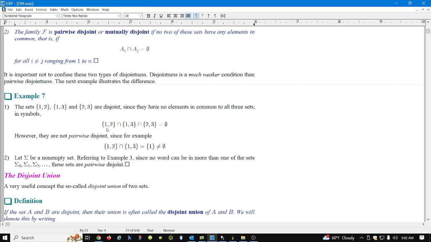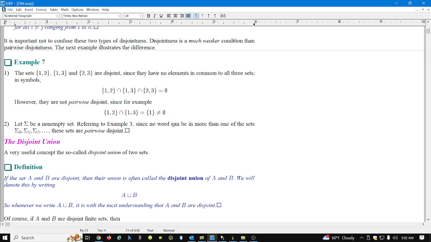They are disjoint because their intersection is empty. They satisfy the weaker condition, but they are not pairwise disjoint. For example, the first two sets have the element 1 in common. So they don't qualify for the stronger condition of being pairwise disjoint.